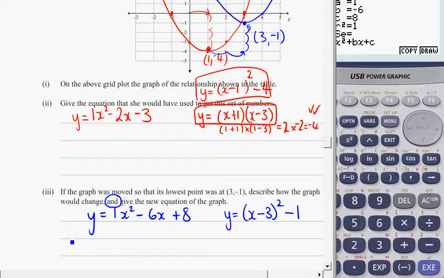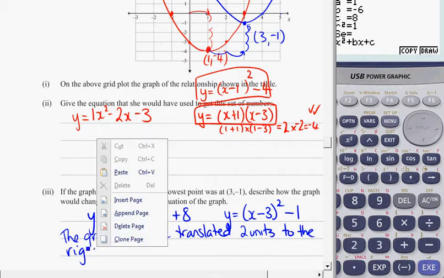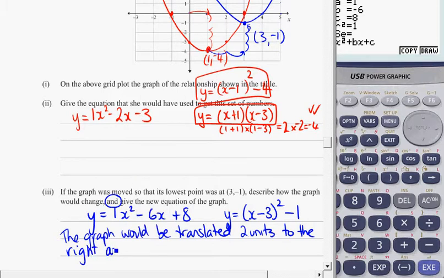So we can say the graph would be translated. Translated means shifted. So that's 2 units to the right and 3 units up.